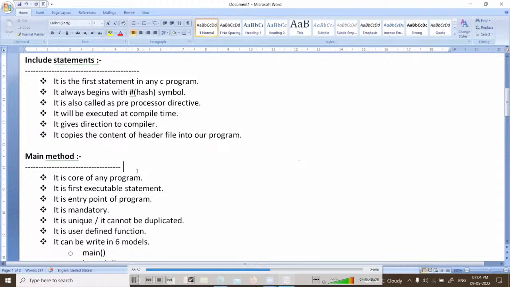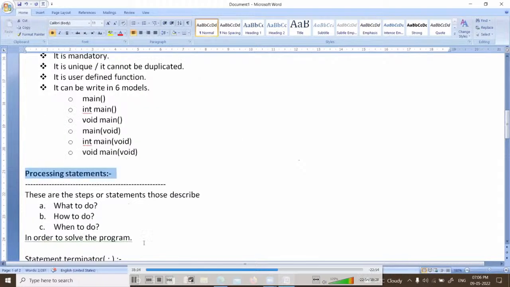Processing statements. Sai, note down this. Good.